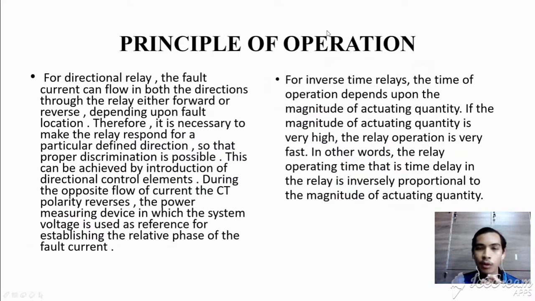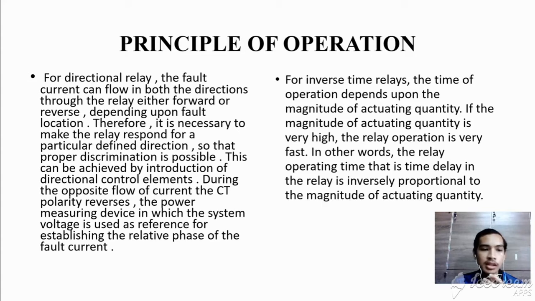Next, principle of operation. For the directional relay, the fault current can flow in both directions through the relay, either forward or reverse, depending upon fault location. Therefore, it is necessary to make the relay respond for a particular defined direction, so that proper discrimination is possible.